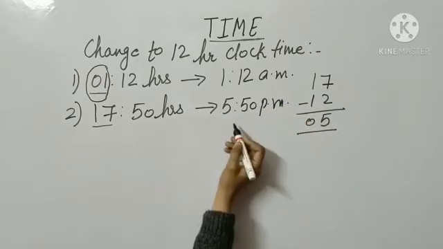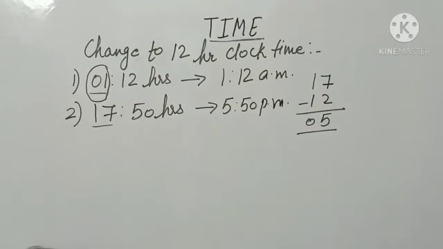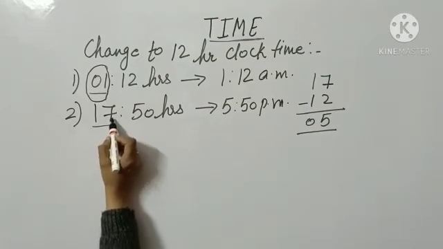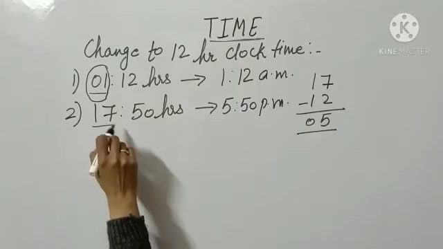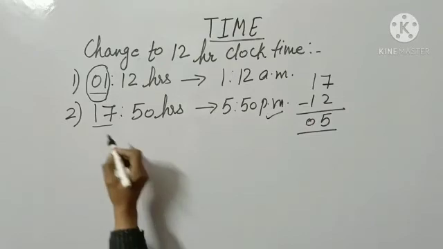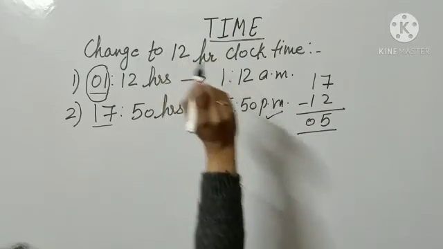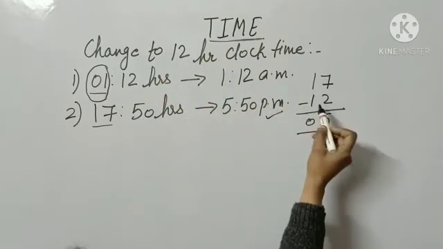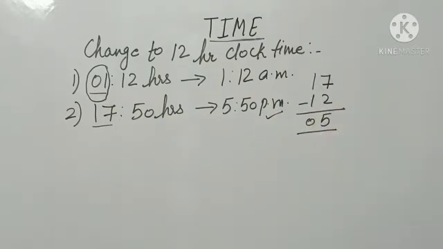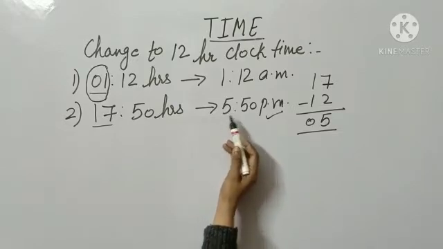So the time is 5:50 PM. You got it? How did I get this answer? Simply I observe the hours, and if the hours are greater than 12, that means the time is in PM. And to find the real time in 12-hour clock time, we subtract 12 from 17, and in this way I got the time 5:50 PM.